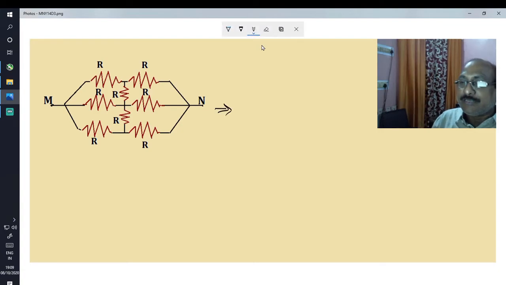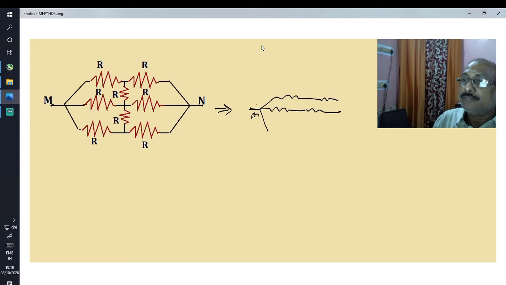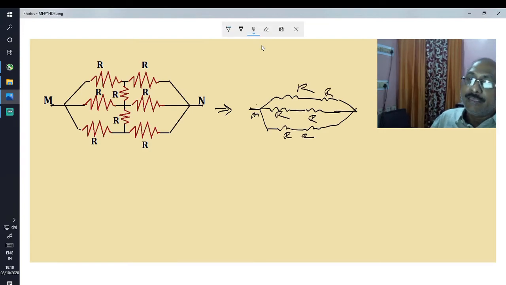These two questions, the question we have already discussed, are similar to this question. So this is the point M. R, R, R, R, R, R. Here, these two resistances are removed because current does not flow through these two resistances.